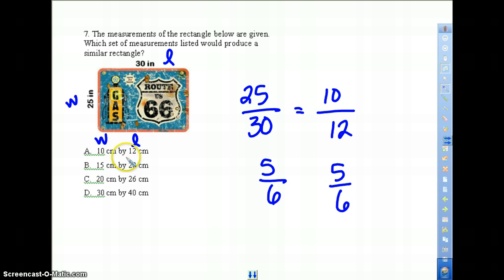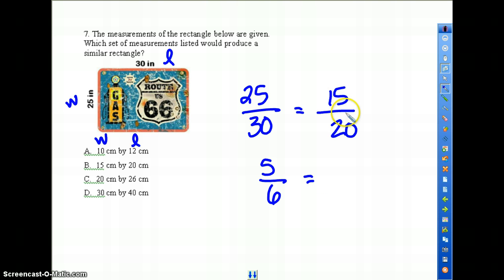Let's check the others to make sure that's the right one. How about 15 to 20? If I reduce 15 to 20, they're both divisible by 5. I get 3 over 4, and that's not equal to 5 over 6, so it can't be that.